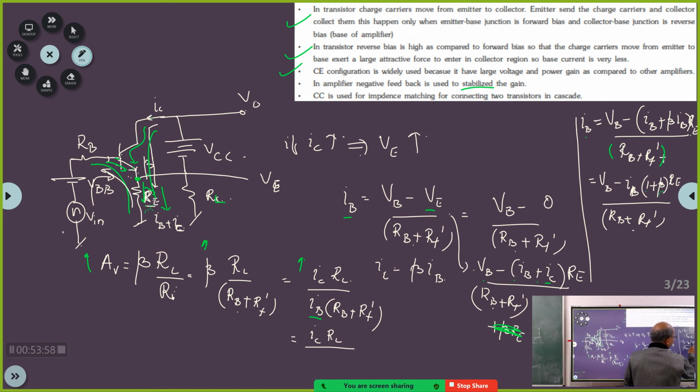Beta increased, so 1 plus beta increased, but there is a minus sign here. So this quantity will increase. If this quantity increases, VB minus this quantity has increased, meaning IB will decrease. And if IB decreases, IC will also decrease, because IC is beta times IB. You understand?